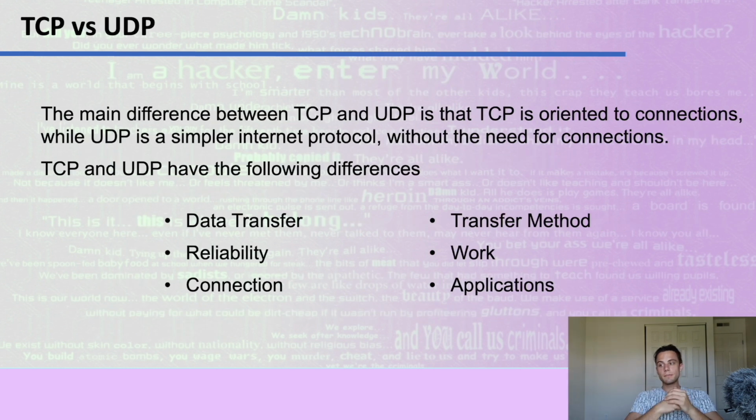So if we finally compare the TCP and the UDP, we can say that the most major difference between the UDP and the TCP is that the TCP is connection-oriented. It simply sends messages and the receiver receives them. So the main differences between these two methods are, for example, the difference in the data transfer.